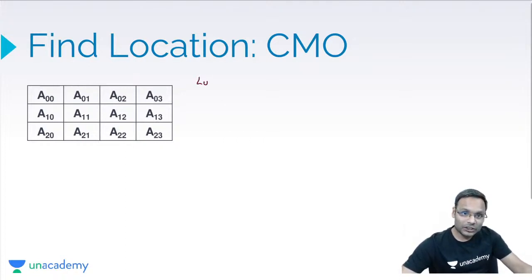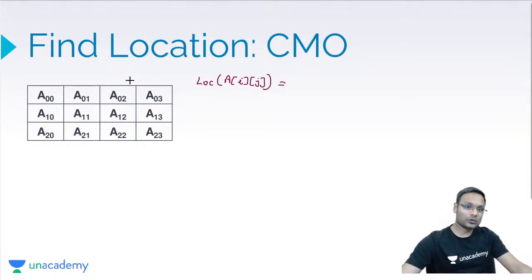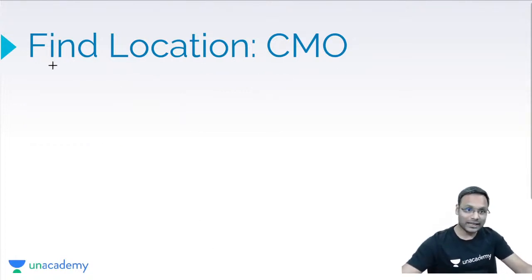The location of A of ij will be equal to, first of all, you are storing the elements column wise. So let me do the same thing for you.